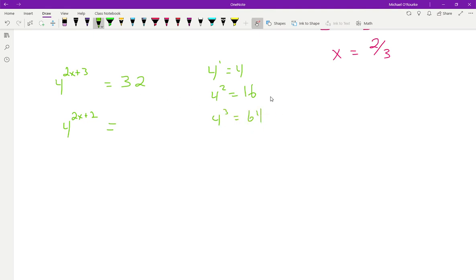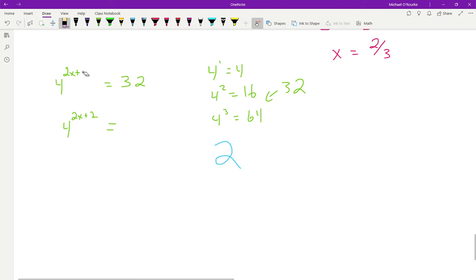We can't. We need a 32 in here, but it's not working. So base 4 can't be what we need. We need something that goes into both of these. In this case, the base we're looking for is 2. And that's what we need.